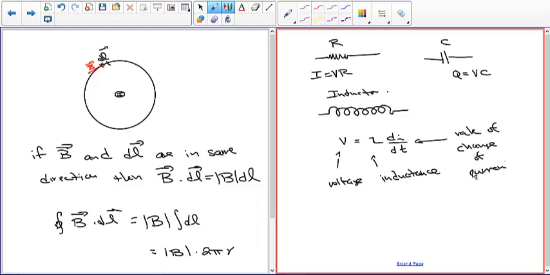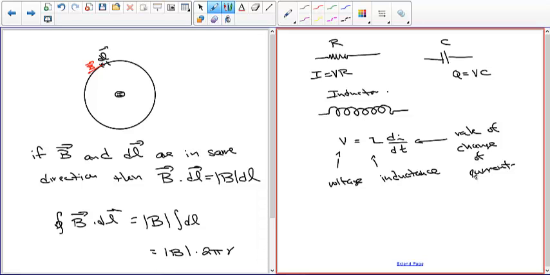So it's the additional relationship. The other two relationships are linear relationships: for resistance, between current and voltage, and for capacitance, between voltage and charge. For an inductor, it involves the rate of change of the current.